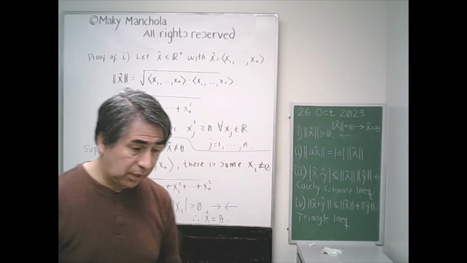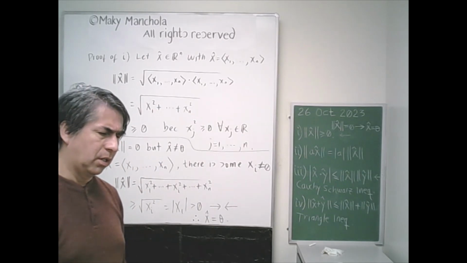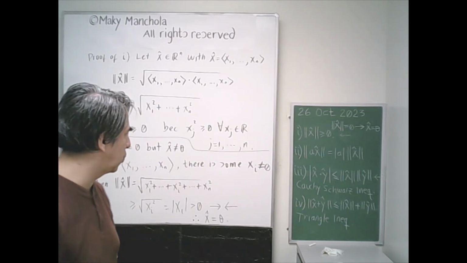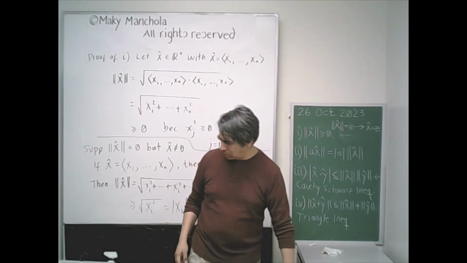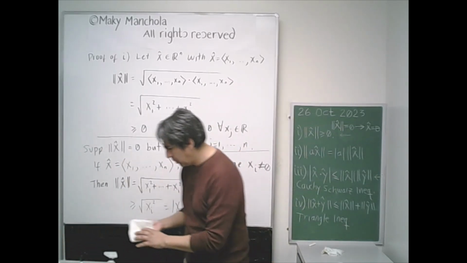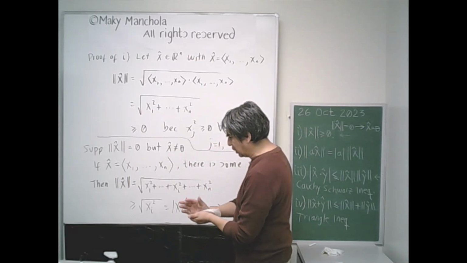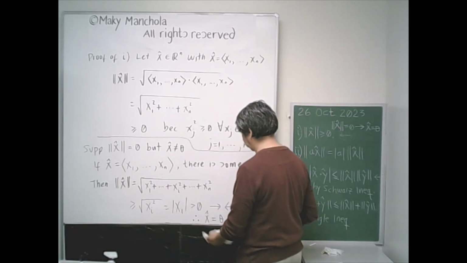Okay, now let's begin our proof of the Cauchy-Schwarz inequality. And for this, we have to apply a certain trick of sorts.